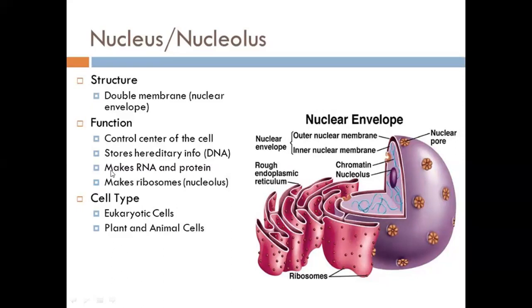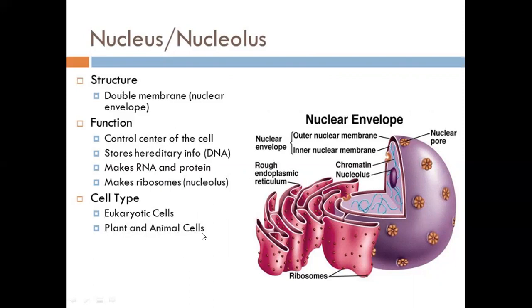Okay. Now it makes RNA, that is ribonucleic acid, and proteins, and they make ribosomes. And there is a center of the nucleus which is known as nucleolus. They are present in eukaryotic cells, plants, and animal cells, right?